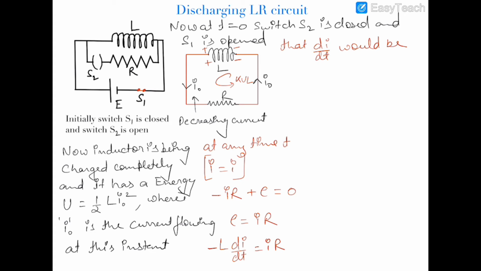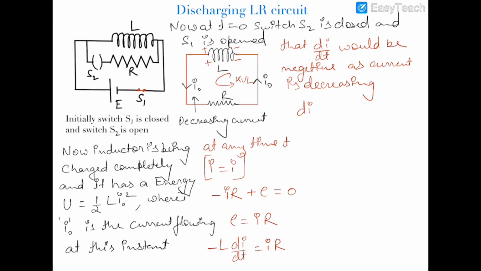So this di by dt has a negative sign along with it.